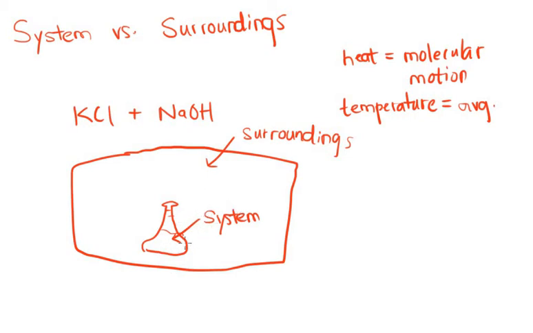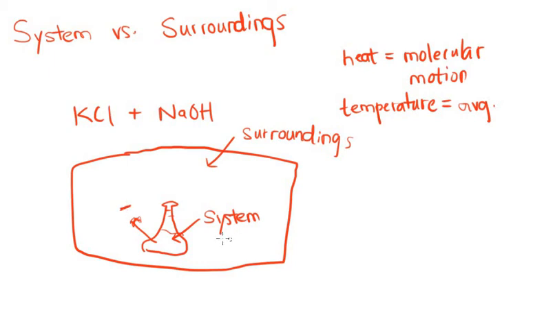So back to system versus surroundings. Heat is exchanged between the system and surroundings, right? So let's say you have heat being given off by this reaction. Once potassium chloride and sodium hydroxide react, heat is given off, and that is actually a negative sign.